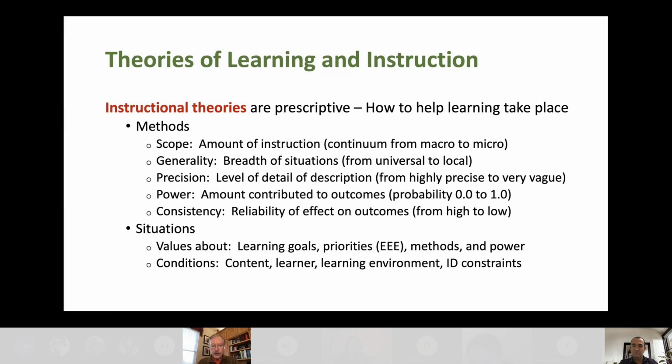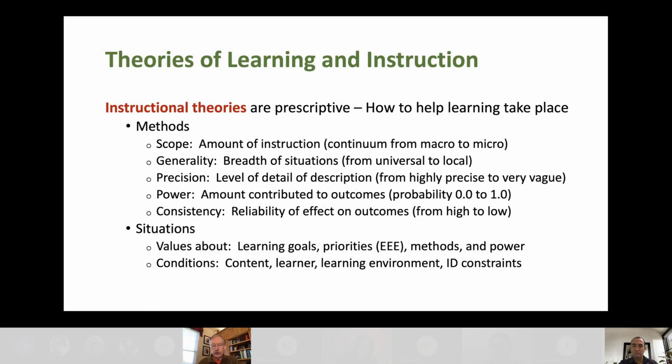Conditions is the other major kind of situational factor. And here the conditions include the nature of the content, that is, the nature of what is to be learned, the nature of the learner, the nature of the learning environment, and ID constraints. With respect to content, I'll be talking a little more about this later.